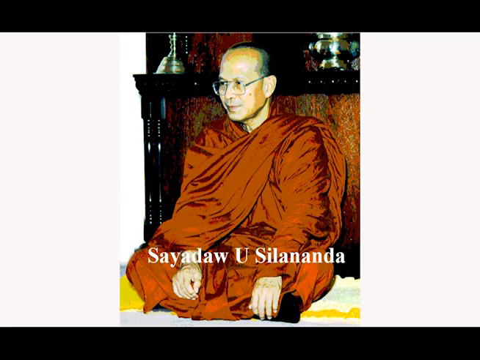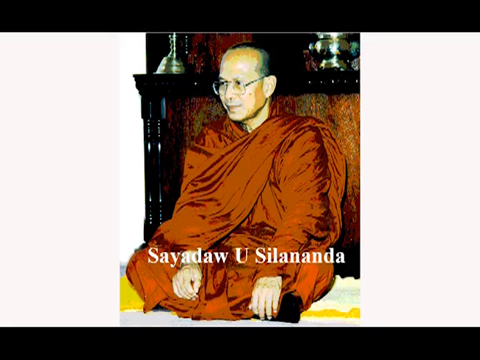Now, in the first jhana, there are 5 jhana factors: initial application, sustained application, joy or piti, and sukha, happiness, and then one-pointedness of mind or samadhi, ekaggata. Now these are called the 5 factors of jhana. So in the first jhana there are all these 5.